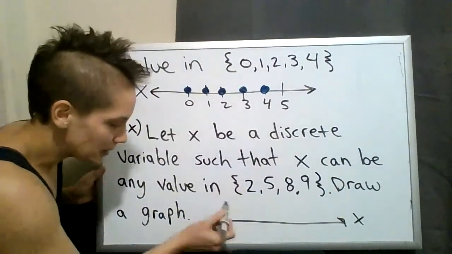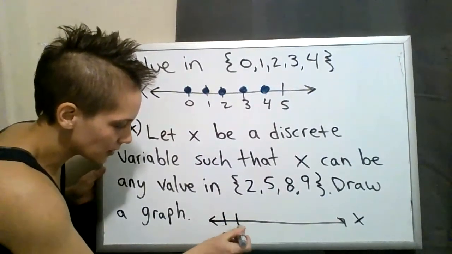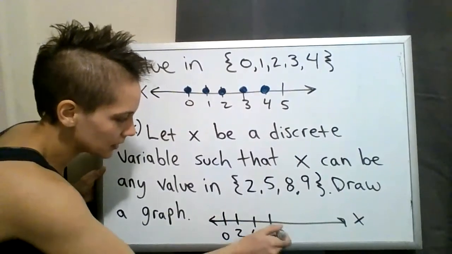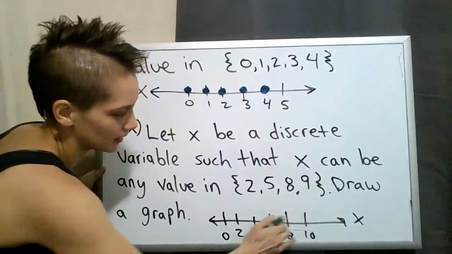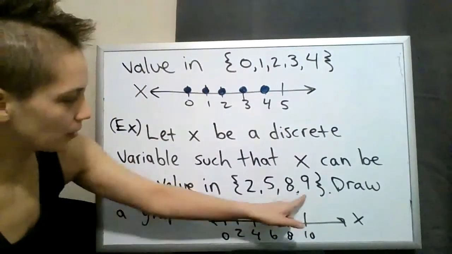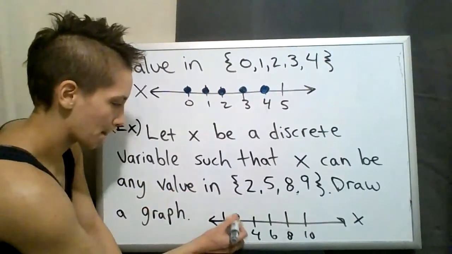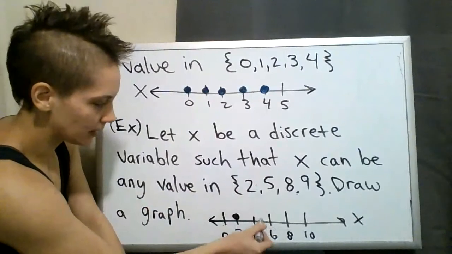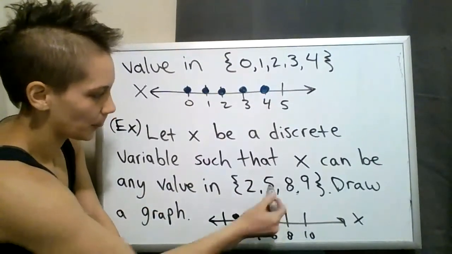I'm going to put a 0 over here and then lead up to 2, 4, 6, 8. Place for all of these numbers to go. So we'll have 2 filled in. 5 is right about here. 8.